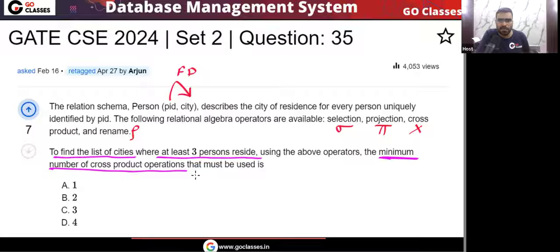For this information, I want the list of cities where at least three people are residing. How many tuples will give me this information?